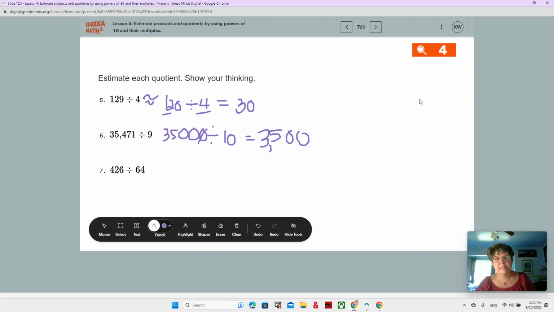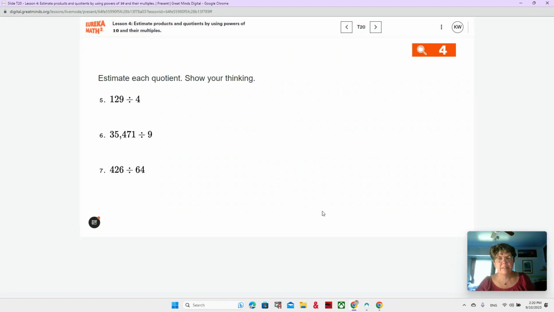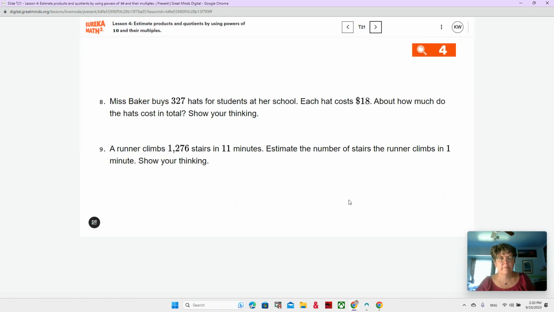All right, let's go to number 8. Miss Baker buys 327 hats for her students at school. Each hat costs $8. About how much do the hats cost in total? All right, so we know we're making an estimate because we see the words about how much.